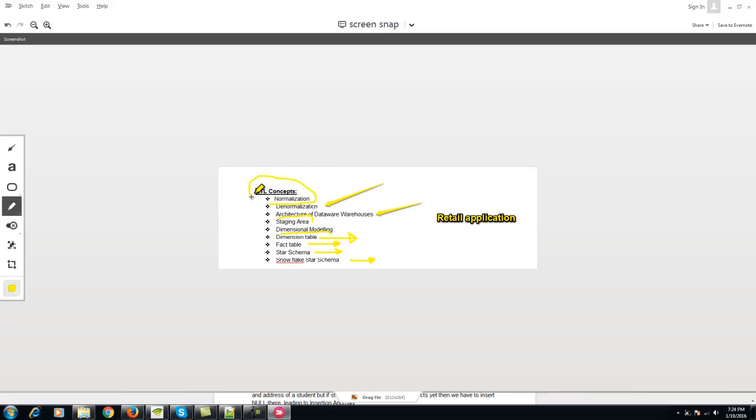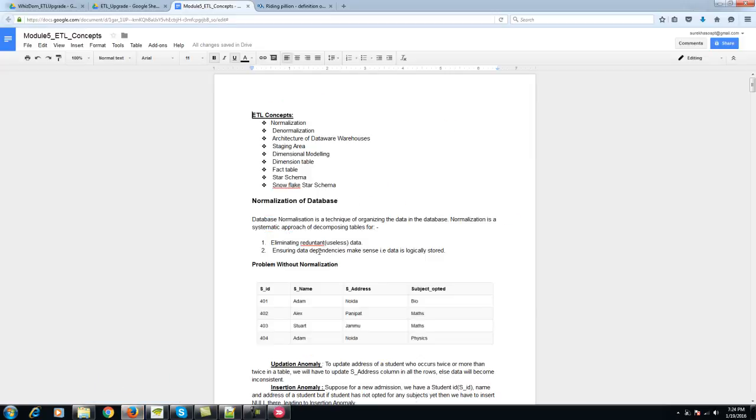So why do we need to do normalization in a database, and what are the pros and cons of normalization? As the statement says here, normalization is basically done with two main tasks. The objective of normalization in any relational database management system is to decompose the table into more subtables where you can eliminate the redundancy and duplicacy.